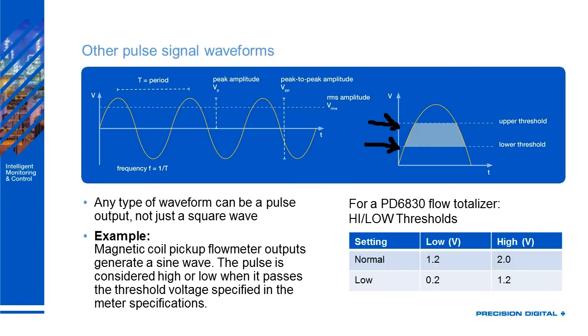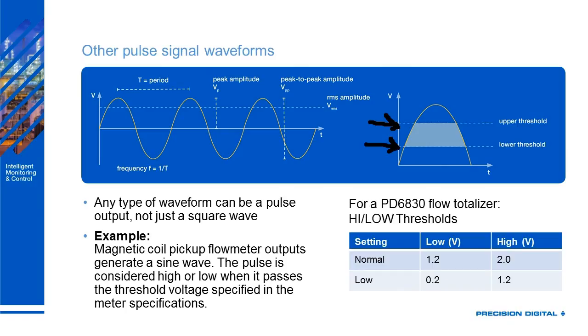And what that says is that anytime my voltage gets above a certain point, I'm going to consider that to be a high. And anytime my voltage gets below a certain point, I'm going to consider that to be a low. To give you a sense of scale, I included here the thresholds for our PD6830 flow totalizer.